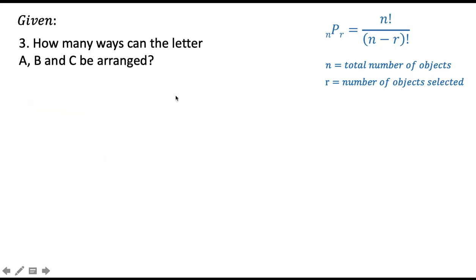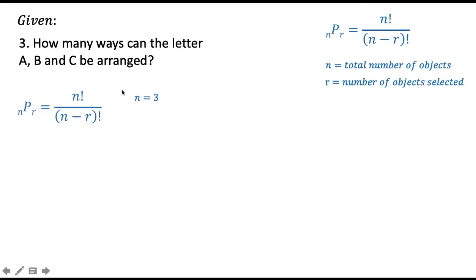In given number 3, how many ways can the letters A, B, and C be arranged? So since ABC is different from BAC, again in this case, the order matters. So therefore, it is under permutation problem.